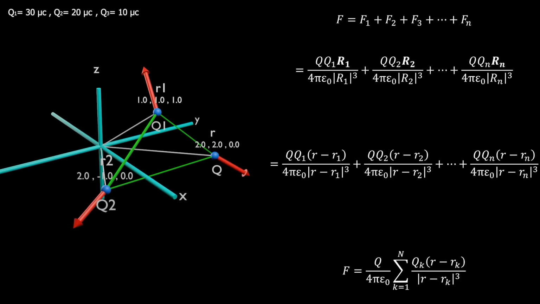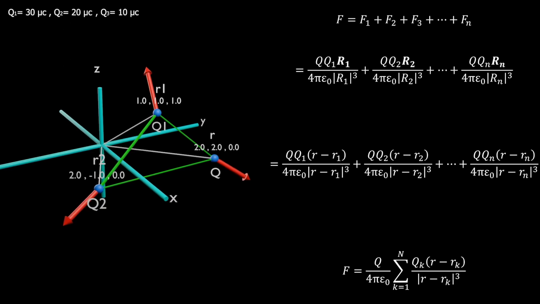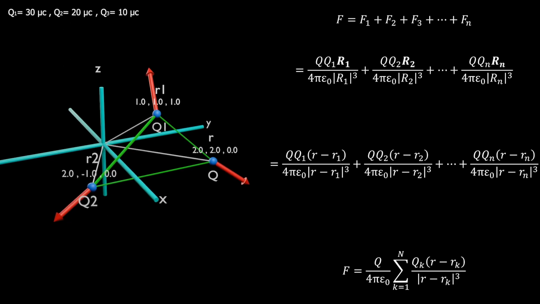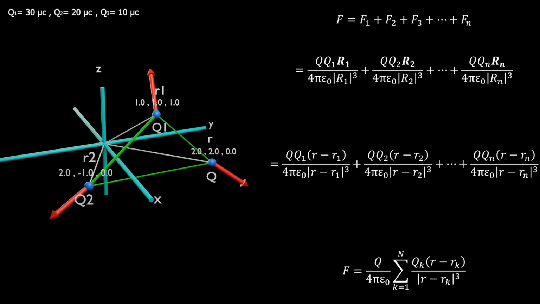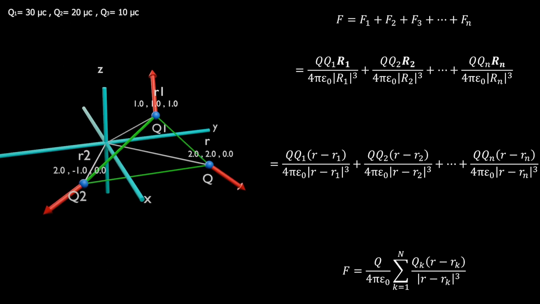To write this mathematically, if we have n charges Q1, Q2 up to Qn at different positions, lowercase r1, lowercase r2 up to lowercase rn, and we have another charge Q at position lowercase r, we want to find the total force F on the charge Q from all other charges.